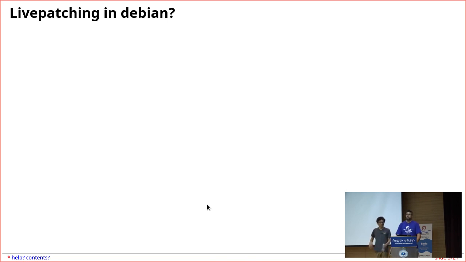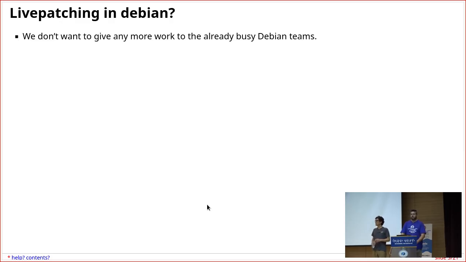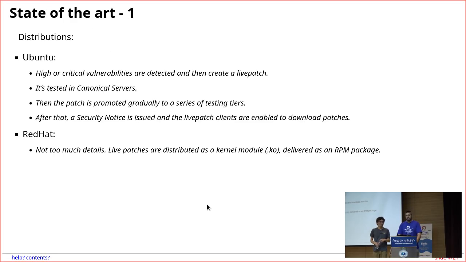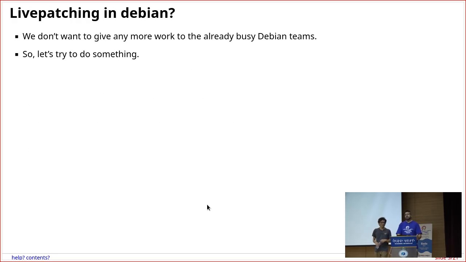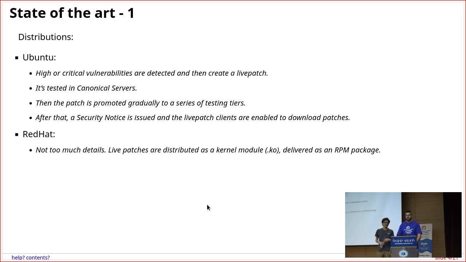Livepatching in Debian, maybe we asked some months ago, but we don't want to give more work to the Debian teams, so we are just trying to do something. We are starting to look at the state of the art. We can note that there are some distributions that already have live patching services.